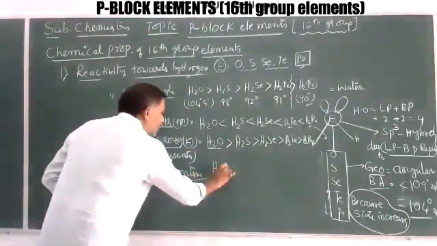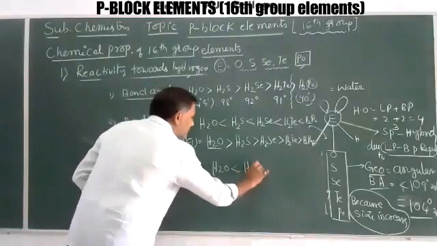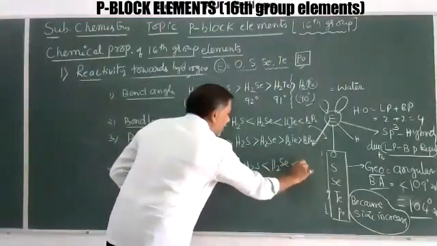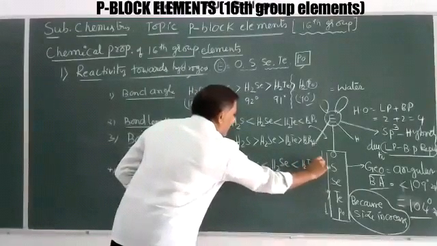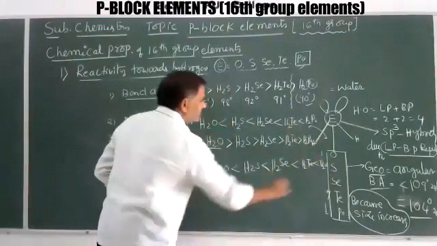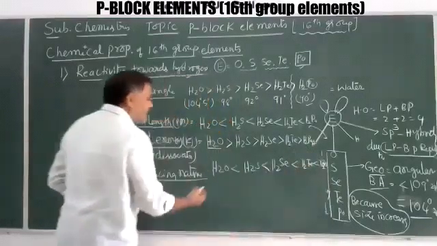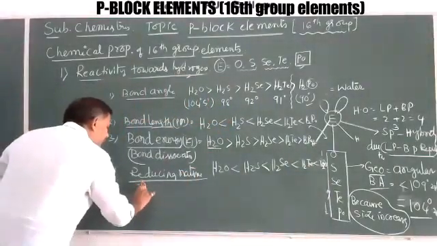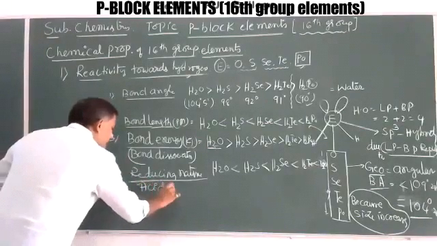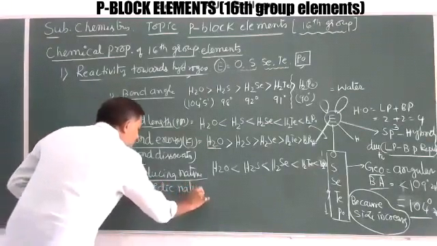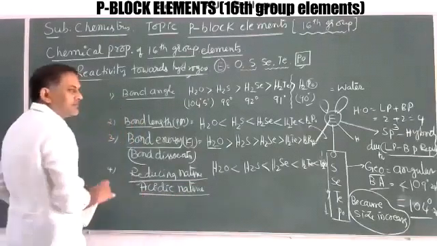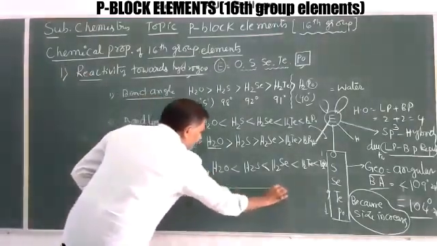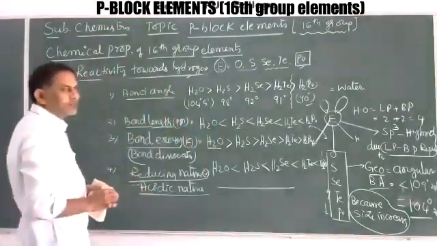So H2O is less than H2S, less than H2Se, less than H2Te, less than H2Po. The reducing nature and the acidic nature are both the same trend.